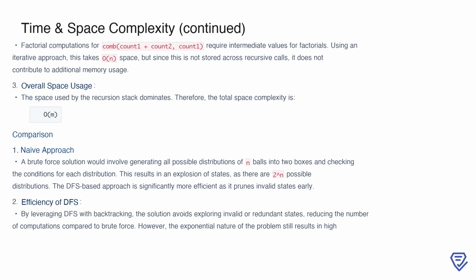Comparing this DFS-based solution to a naive brute force approach highlights its efficiency. A brute force method would generate all possible distributions of n balls into 2 boxes, resulting in 2^n possible distributions. In contrast, DFS with backtracking prunes invalid states early, avoiding unnecessary computations. While the DFS approach is more efficient, the exponential nature of the problem still leads to high computational costs for large inputs.